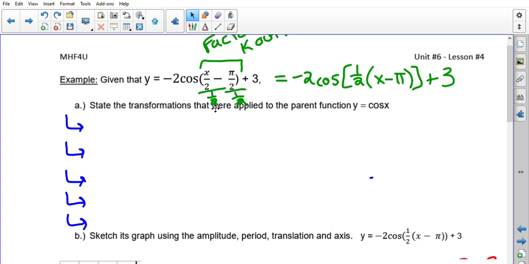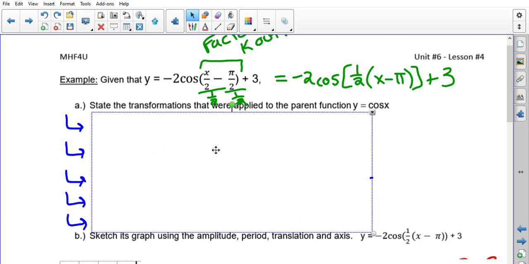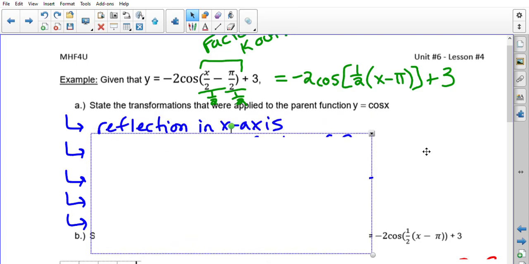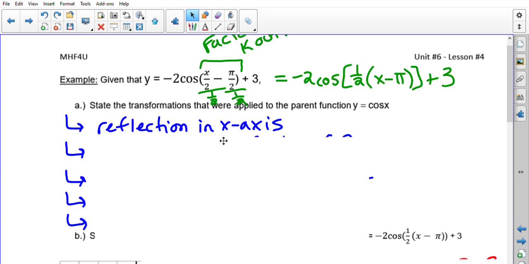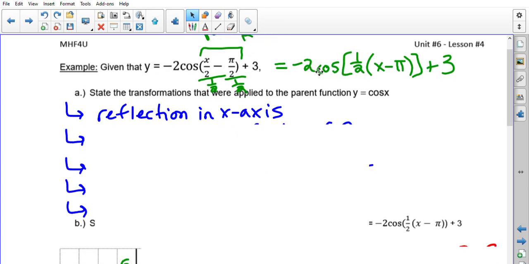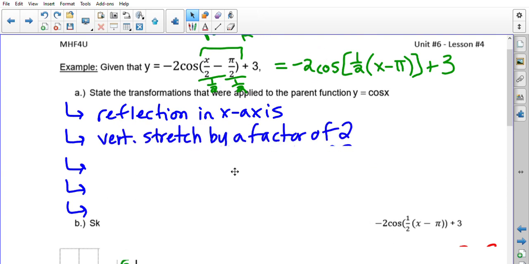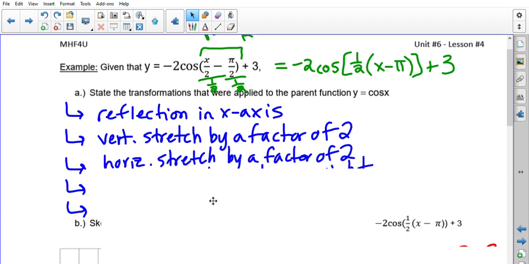All right, let's describe the transformations using proper terminology. Our negative value here tells us that we have a reflection in the x-axis. The absolute value of a is 2, so that means we have a vertical stretch by a factor of 2. We have a k value of 1 over 2, so that means we have a horizontal stretch by a factor of 2.